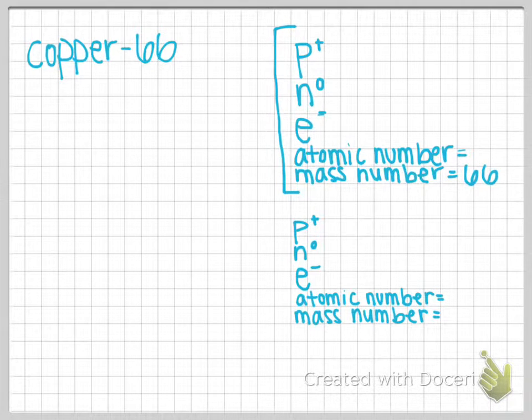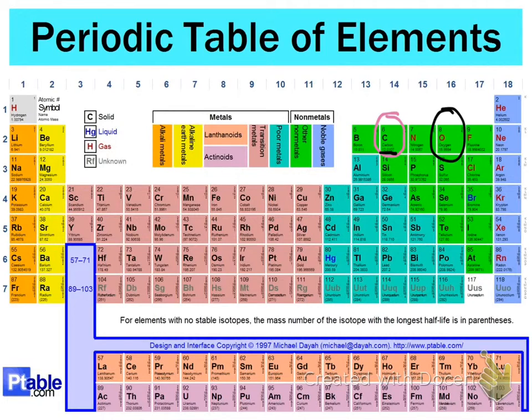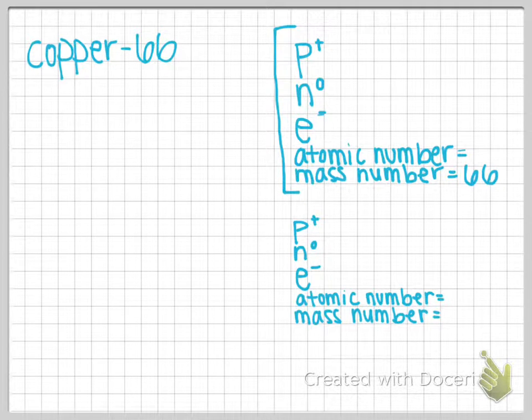We know that the element is copper, so we could look on our periodic table and find copper, which is right here. The atomic number is 29. Our atomic number stands for our number of protons, so protons equal 29. It also stands for electrons, so electrons are 29.